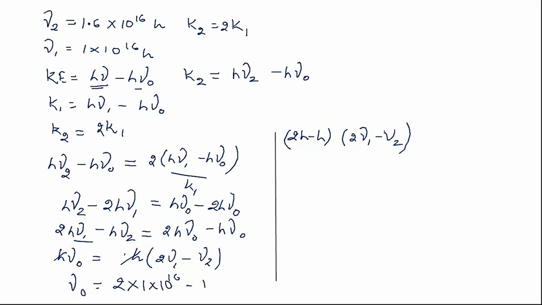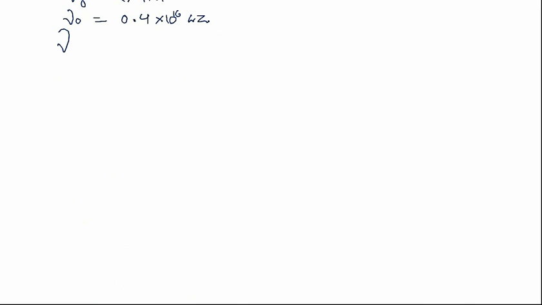What was nu1, students? Nu1 was 1 into 10 to the power 16 and nu2 was 1.6 into 10 to the power 16. So I am getting 2 minus 1.6. That will be 0.4 into 10 to the power 16 Hertz, or the threshold frequency, nu naught, will be equal to 4 into 10 to the power 15 Hertz.